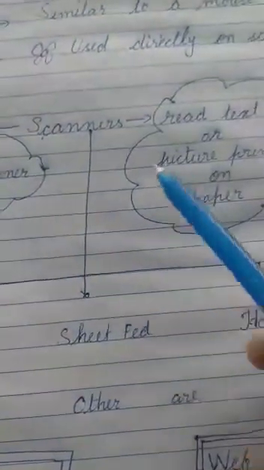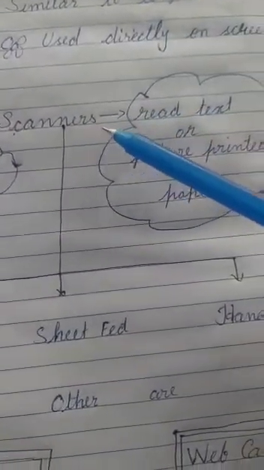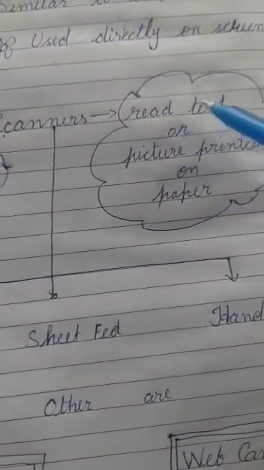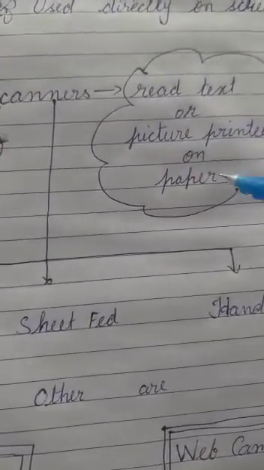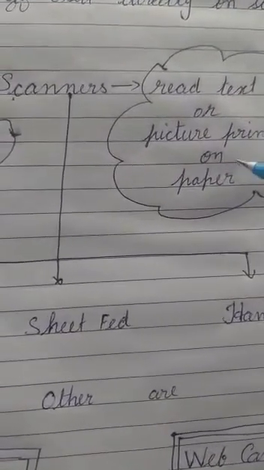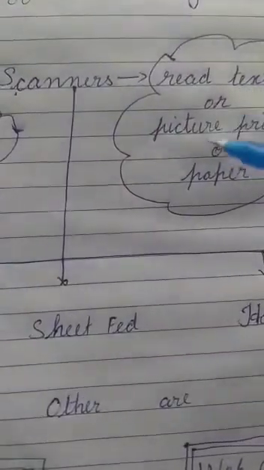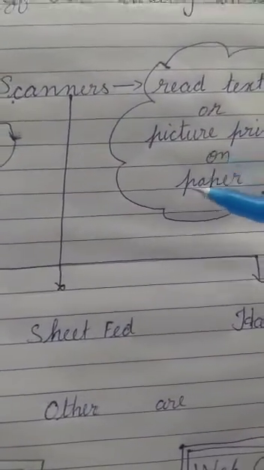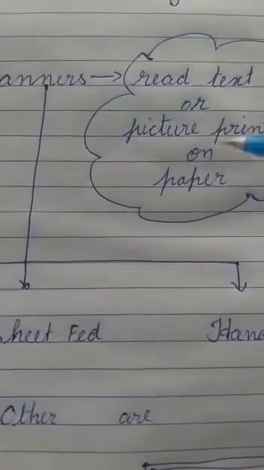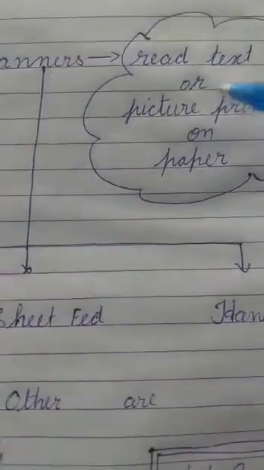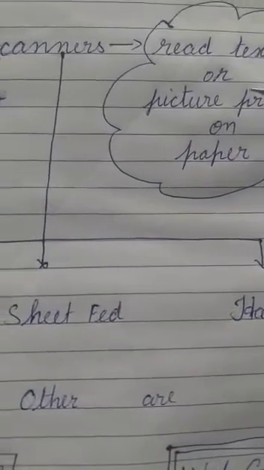So you can say that scanner is used to read text or picture printed on a paper, means as I showed you in your image, you have seen that there was a picture which we have placed on the flat screen, and then it will read the text or picture and transfer it to the computer system.